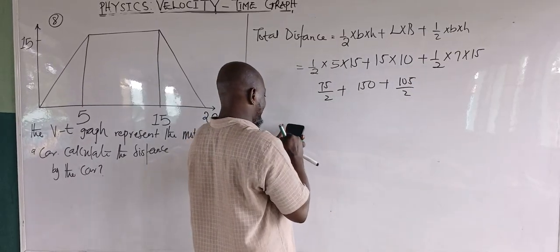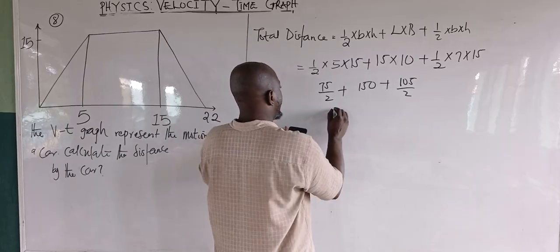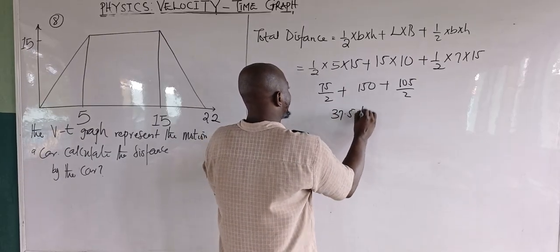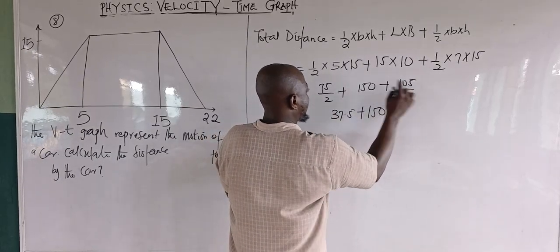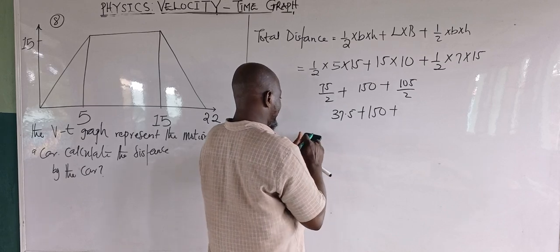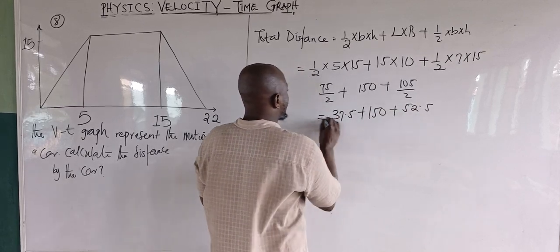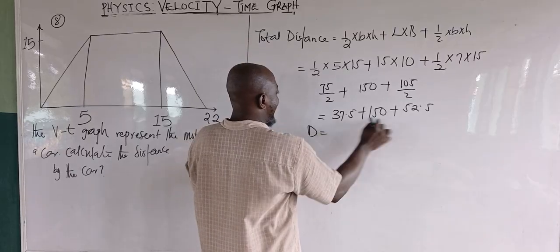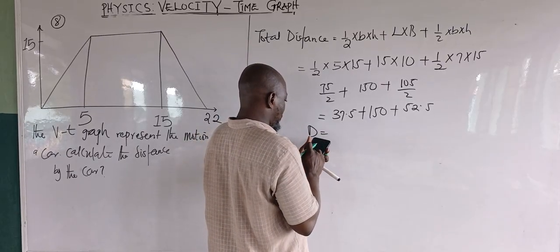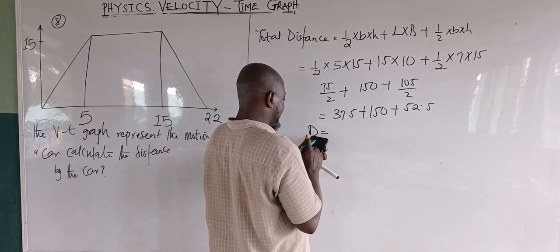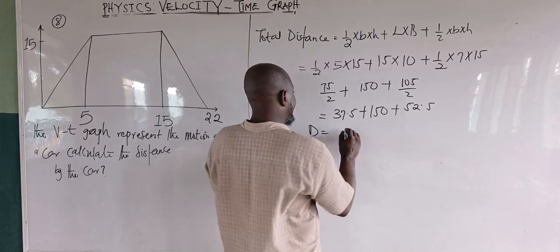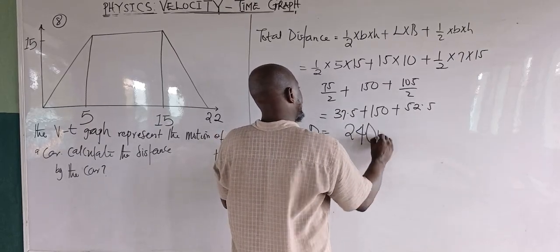If I divide 75 divided by 2, I'm having 37.5, plus 150, then plus 105 divided by 2, I'm having 52.5. So let's get the total distance now. Adding up everything, plus 150 plus 37.5, everything will give us 240 meters.